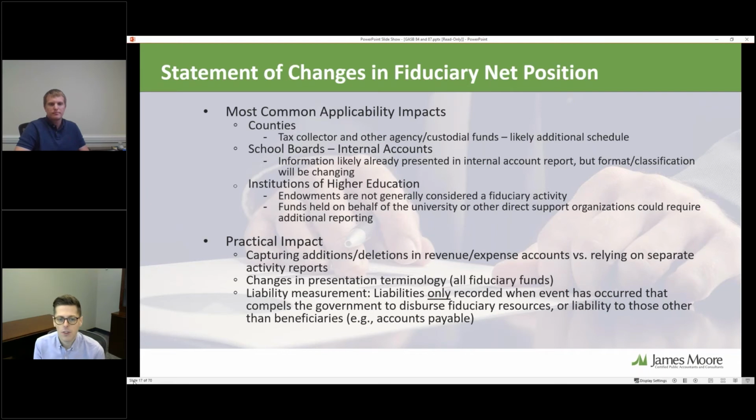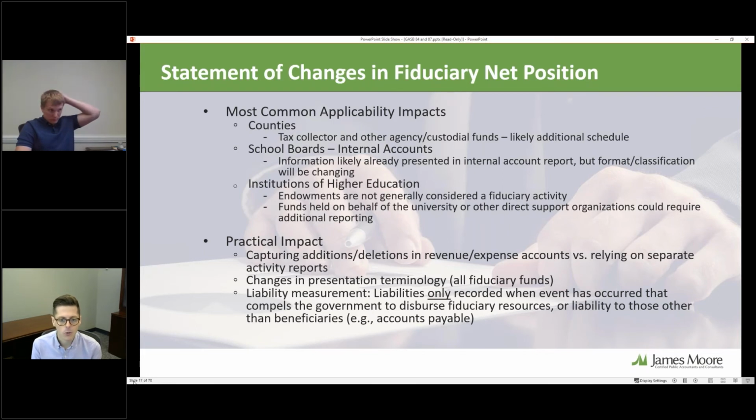For institutions of higher education, luckily endowments shouldn't really be considered a fiduciary activity for this, so that part of your financial statement should remain the same. However, funds held on behalf of universities or other direct support organizations will likely require the additional reporting.